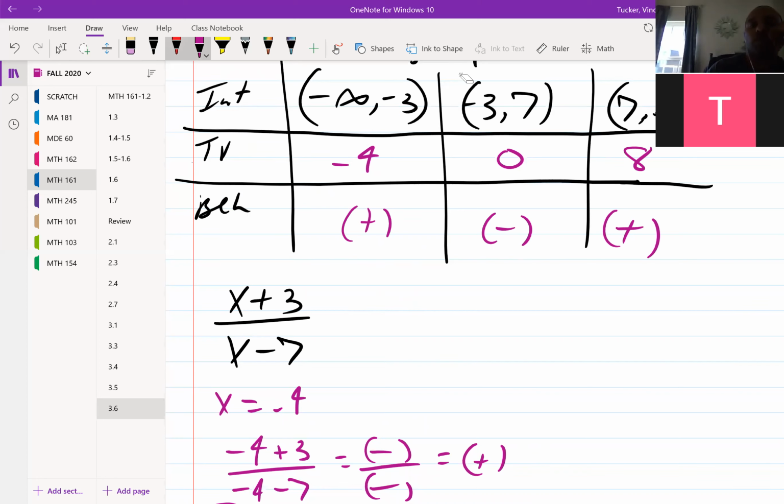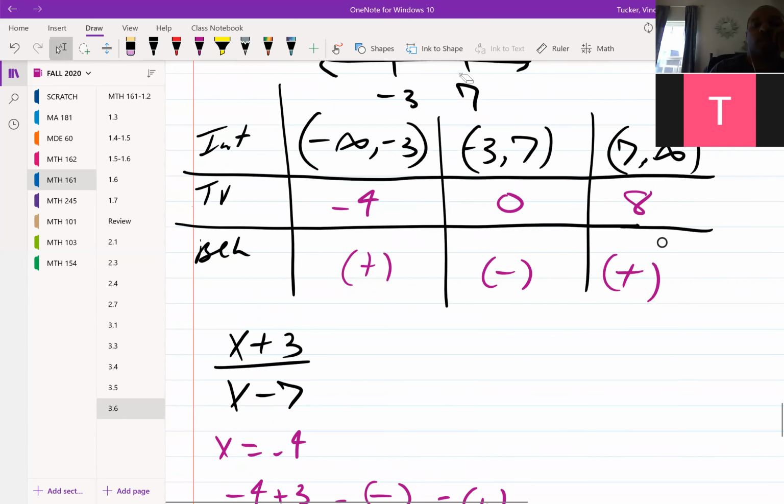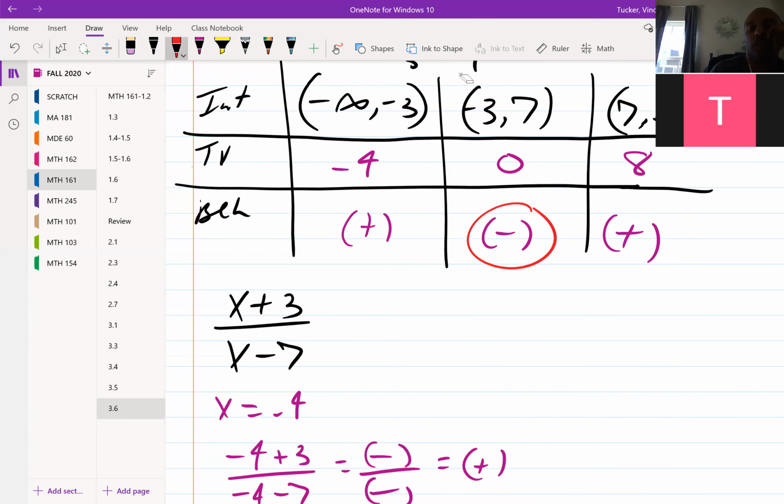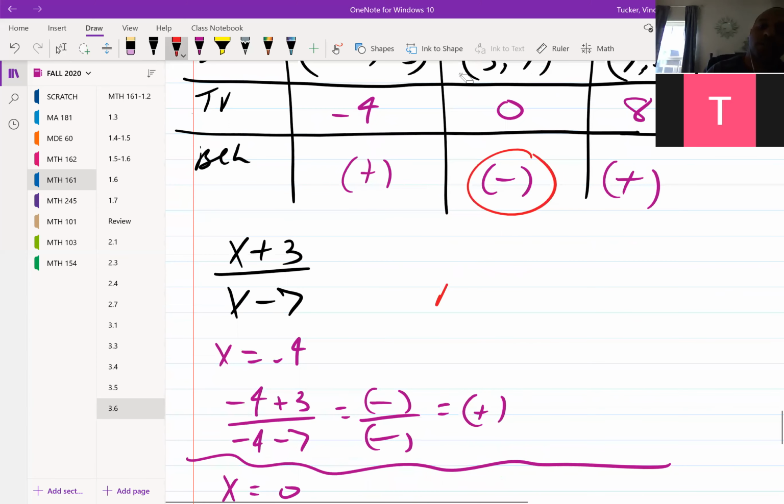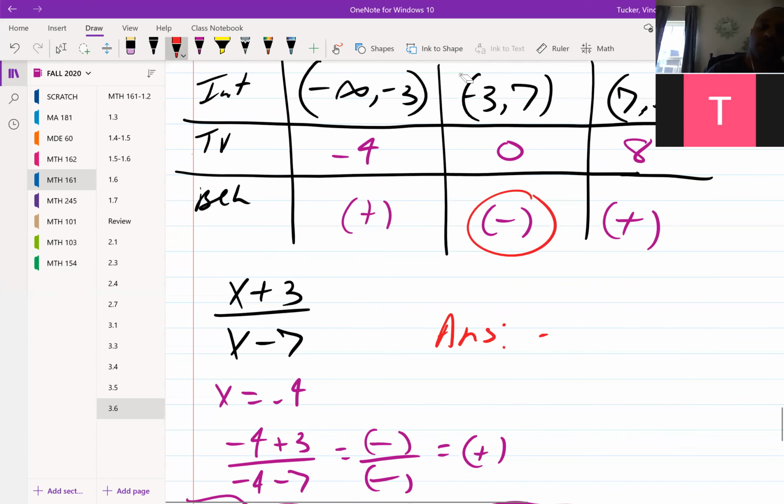And we want to know, when is our function less than 0? So when is our function negative? And that's right here. So your answer is just from negative 3 to 7.